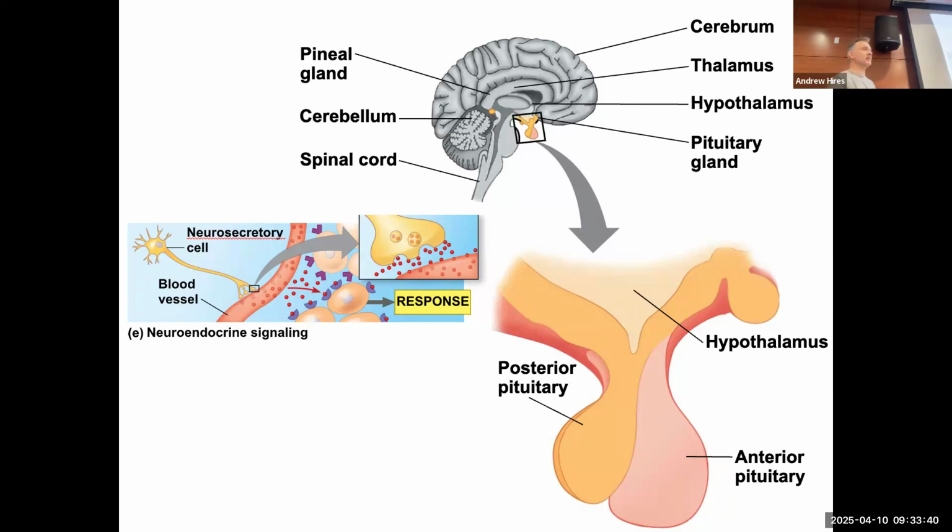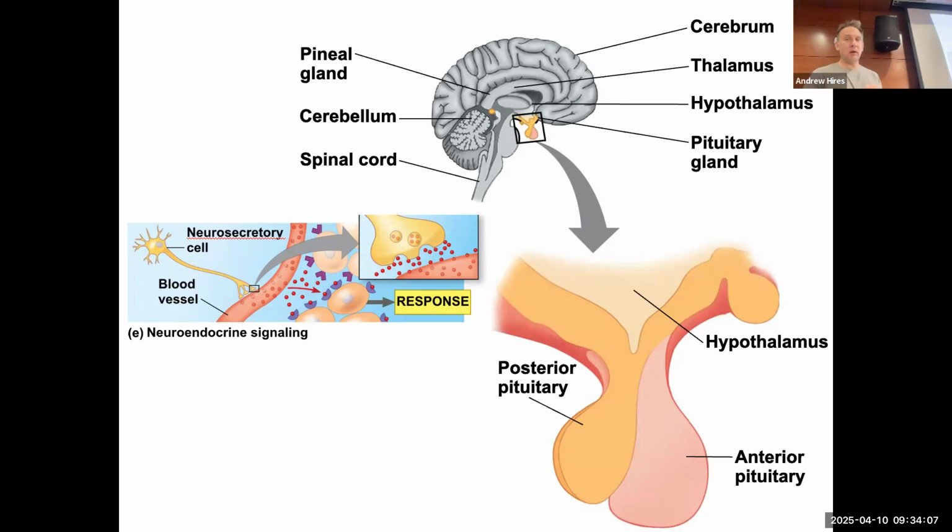The anterior pituitary originates in an outpocketing of the roof of the mouth. There you don't have a direct connection to the brain, but you do have a very close connection via portal vessels, a capillary network specifically designed to pass releasing or regulating hormones from the hypothalamus to the anterior pituitary gland.